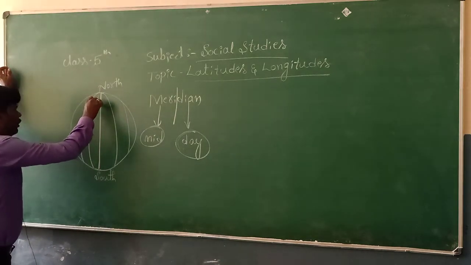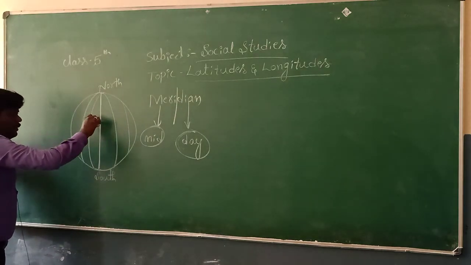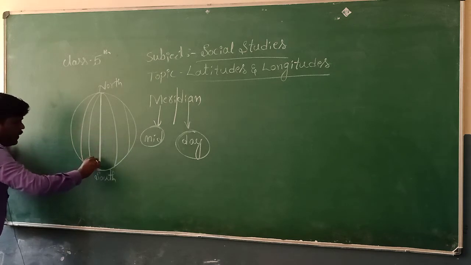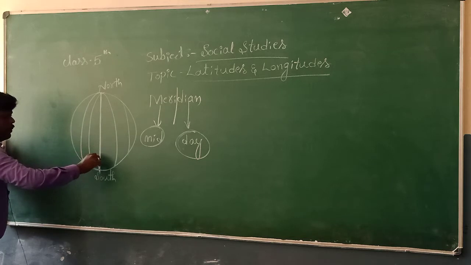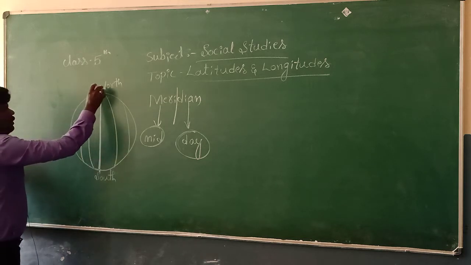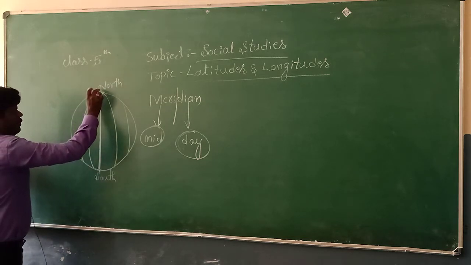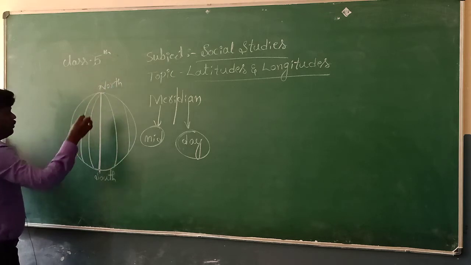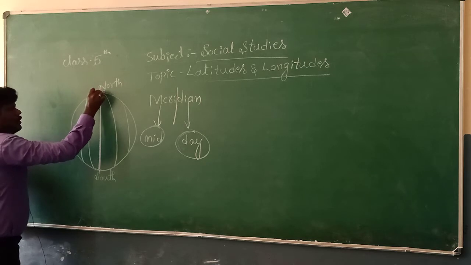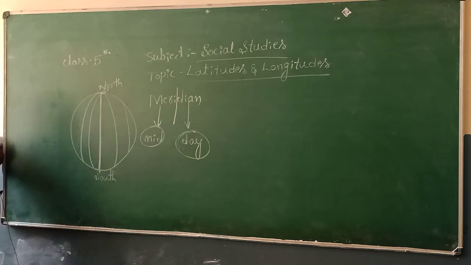Look at the board. I mark this line. This is the prime meridian, the first line of longitude. The measurement of this line is 0 degree.